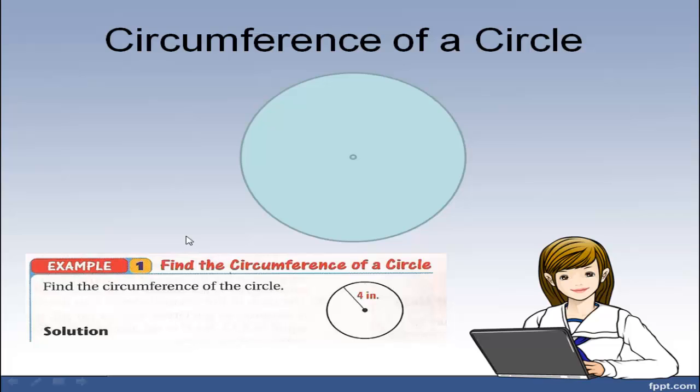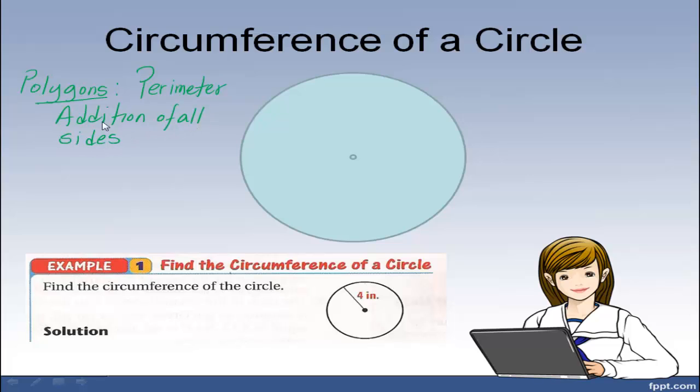Now let's talk about the circumference. The circumference is like perimeter in polygons. When we're talking about polygons, we talk about perimeter. And perimeter is when we add the addition of all sides.